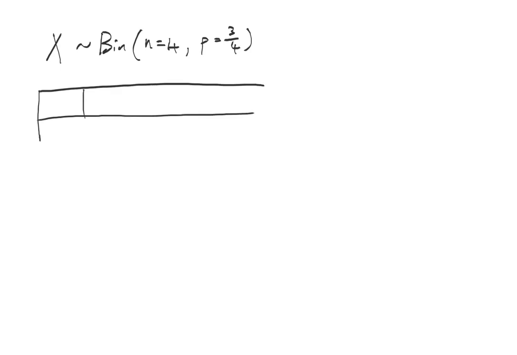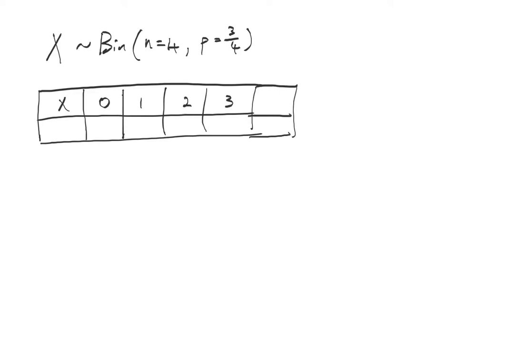So if X is a binomial, I will write like that. n equal to 4, p equal to 3 over 4. So I'm going to build the probability distribution table. X, 5 possible values. And here I'm going to count the probability.